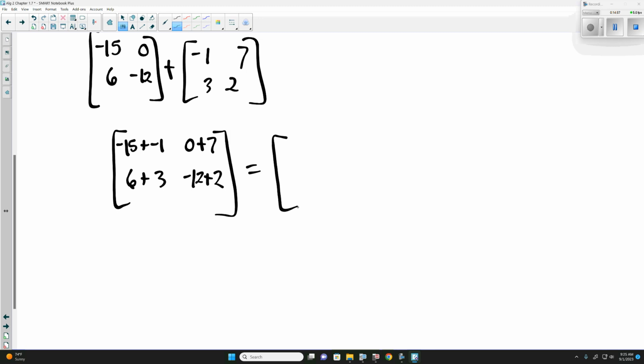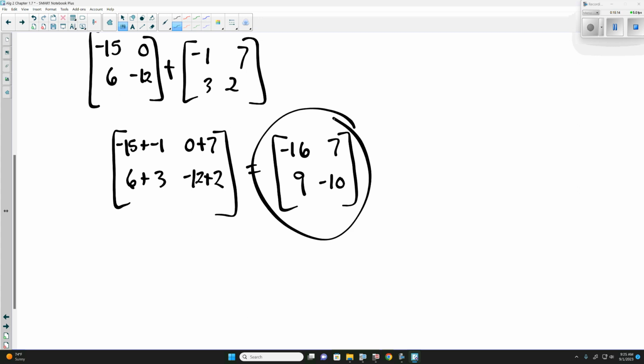So negative 15 plus negative 1 is, 0 plus 7 is, 6 plus 3 is, negative 12 plus 2 is. Yes. Questions on any of this here?